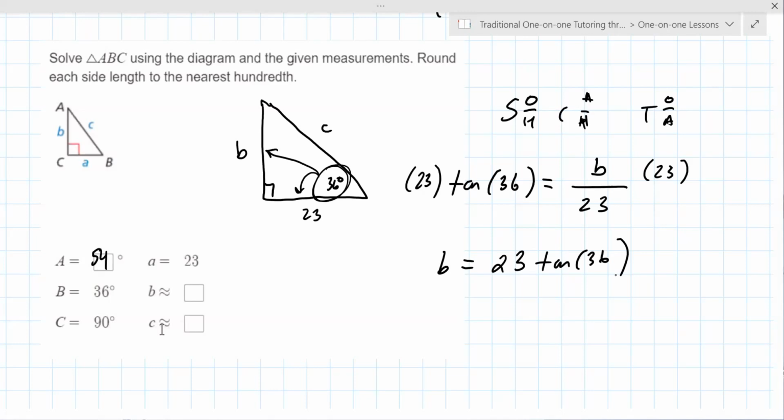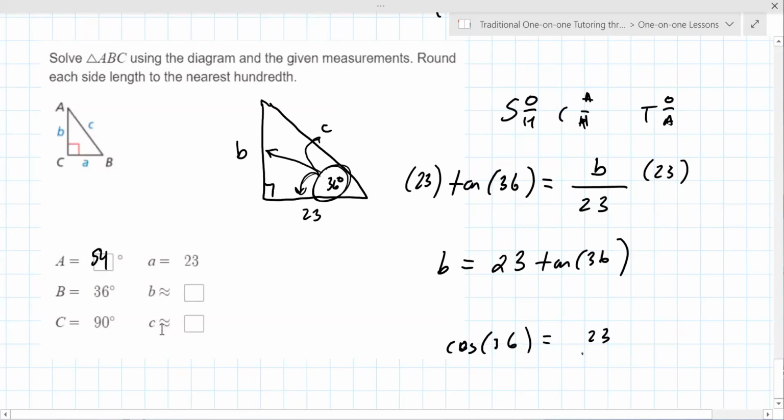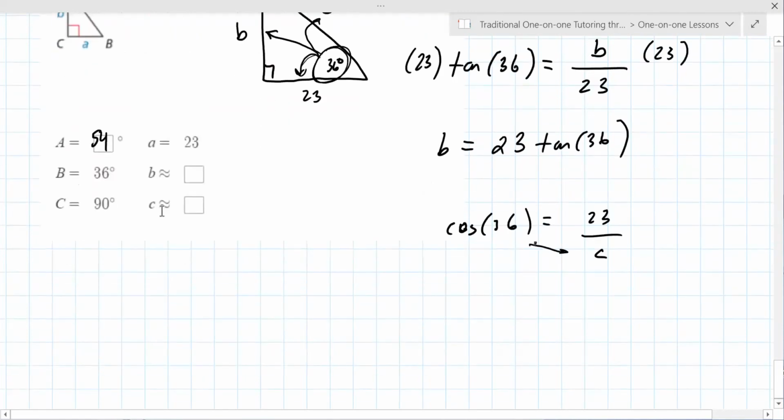Okay. So again, we have the adjacent, and now we want the hypotenuse. So that's cosine. Cosine of 36 is adjacent 23 over hypotenuse C. Now this time we have to switch positions because the variable's in the bottom.